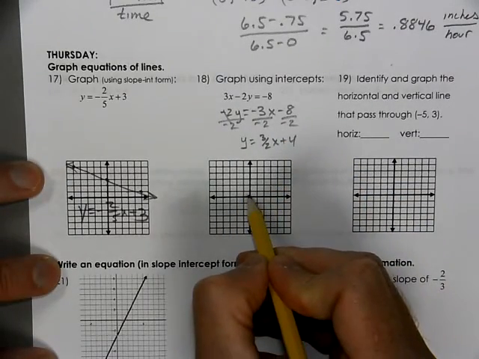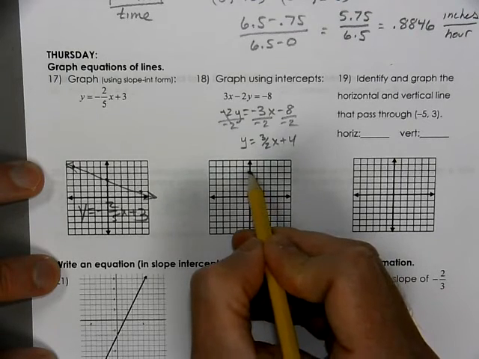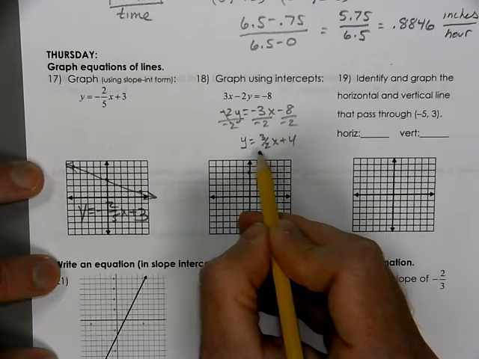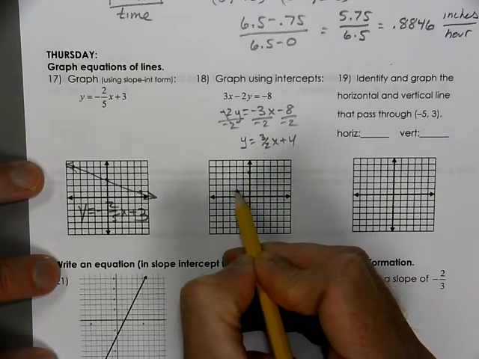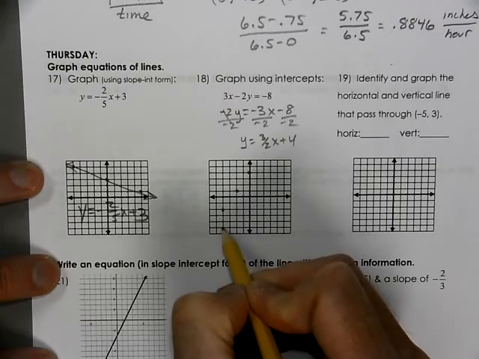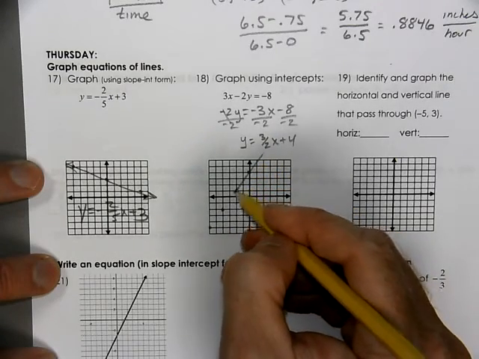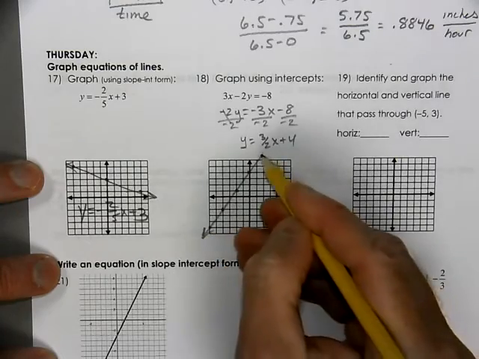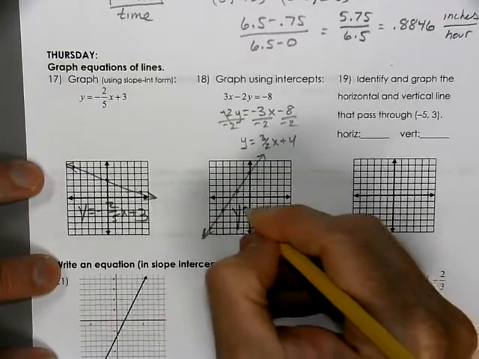Tells us that we're going to start at 4, up 3, over 2, down 3, backwards 2, and write the equation.